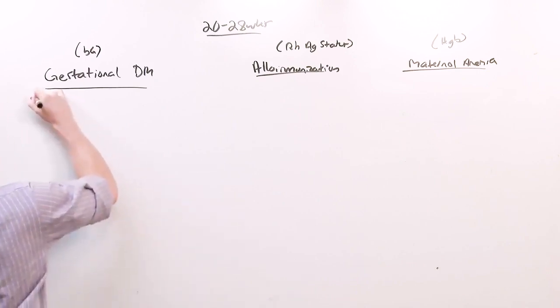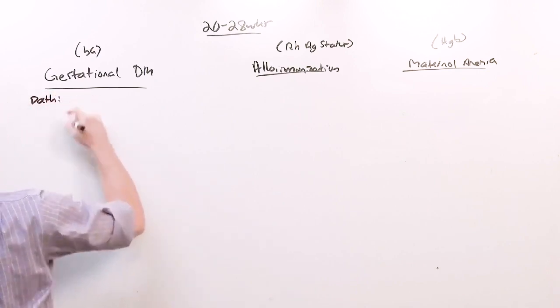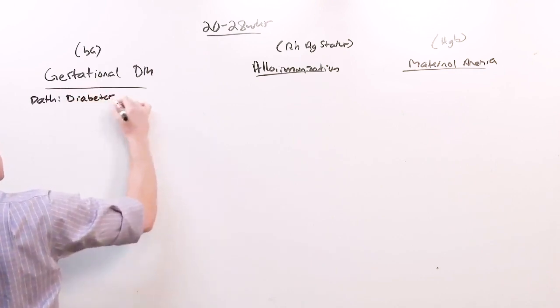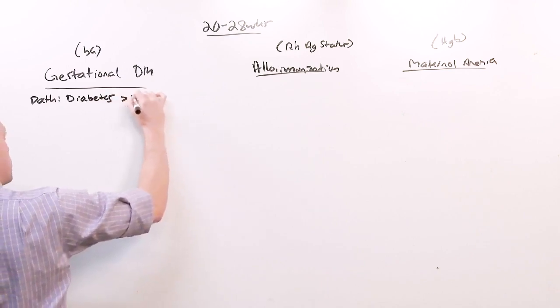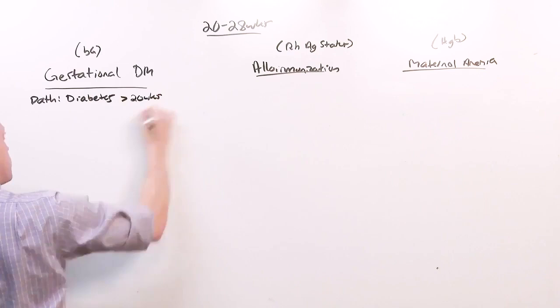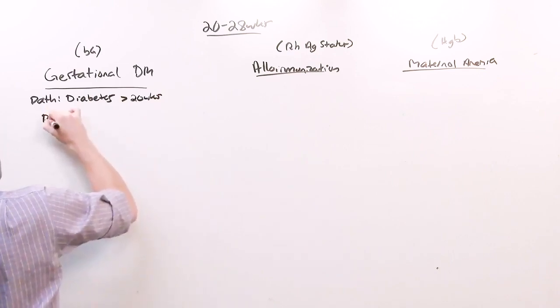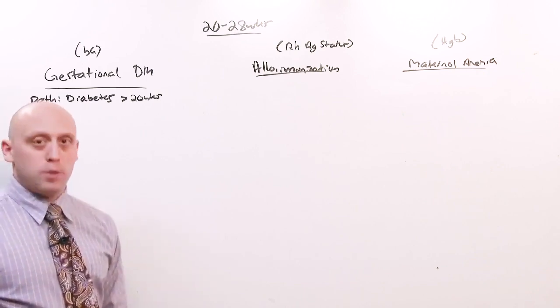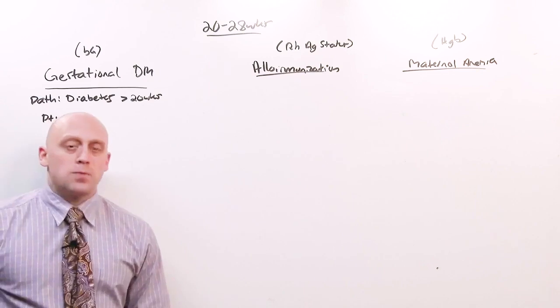Gestational diabetes is diabetes that develops during pregnancy. That is diabetes that starts after 20 weeks. The patient is going to be an asymptomatic screen. You're going to check everybody for gestational diabetes.